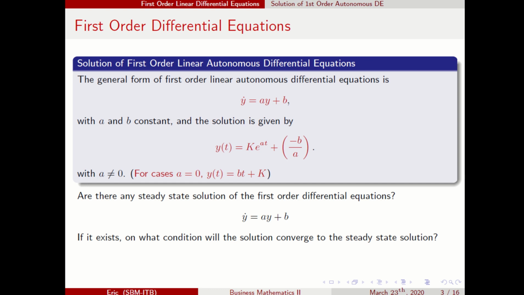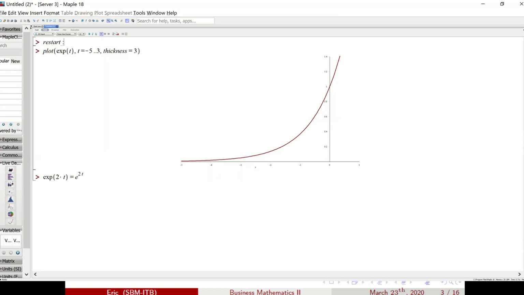Remember again, if I have this first order linear autonomous differential equation, the solution is this. So when a is positive, k times e to the at will become infinity. So this is the profile of e to the at.